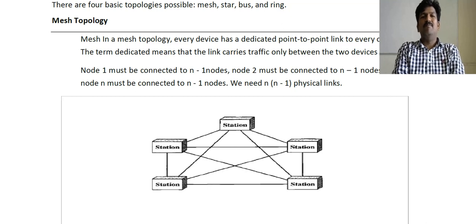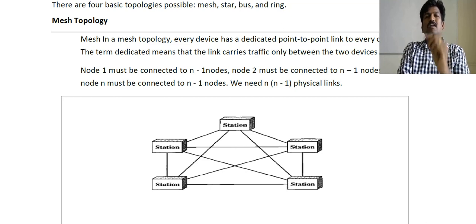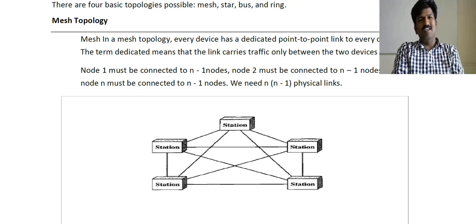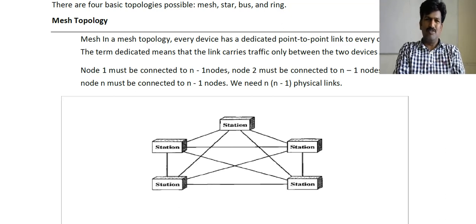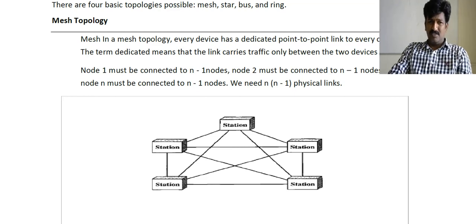It is a name for a particular node. It may be node 1, node 2, node 3, node 4, up to the nth node. All these nodes are going to be connected with all the remaining nodes. Node 1 has a dedicated link with all the remaining n minus 1 nodes. All these links are physical links, not virtual links, not wireless links.